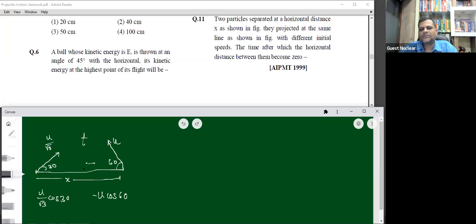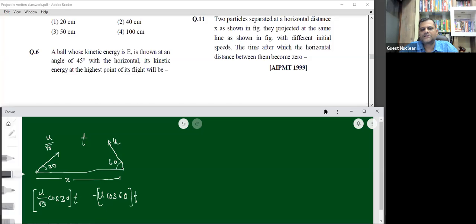तो t टाइम के बाद क्या होगा, देखो ये जो फर्स्ट पार्टिकल है ये दिस होल थिंग हॉरिजॉन्टल वेलोसिटी मल्टीप्लाइड बाय t इतना डिस्टेंस ट्रैवल करेगा. करेक्ट है? और उसी टाइम t के अंदर ये जो सेकेंड वाला पार्टिकल है तो वो कितना डिस्टेंस ट्रैवल करेगा, हम बोल सकते हैं देखो u into cos 60 into t इतना डिस्टेंस वो ट्रैवल करेगा.